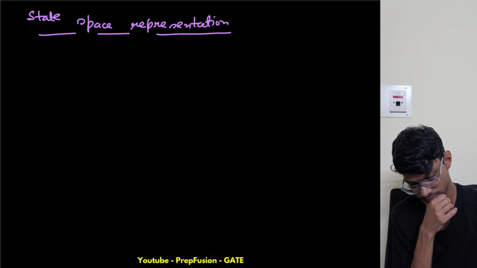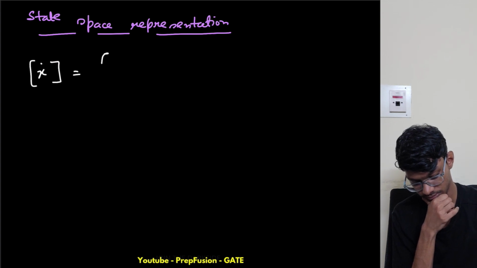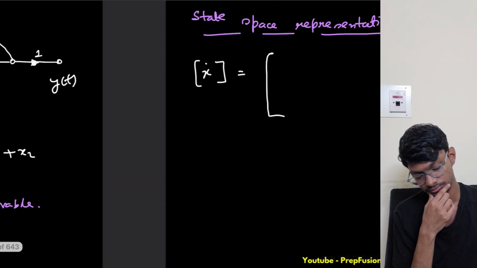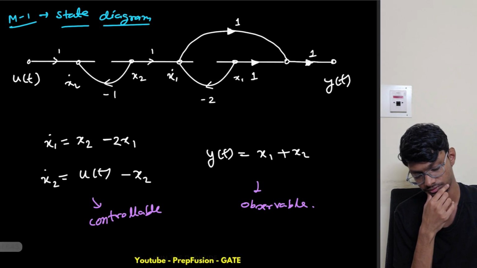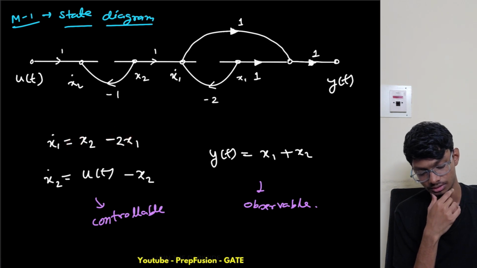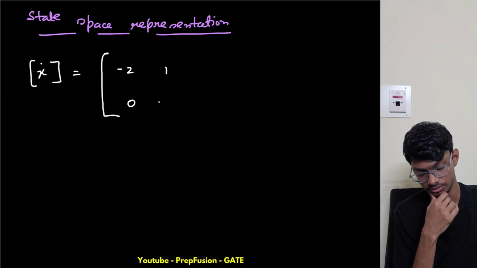This is my x dot matrix, okay, and what is my A matrix? It is basically minus 2, 1, and 0, minus 1, right? This is x1, x2.